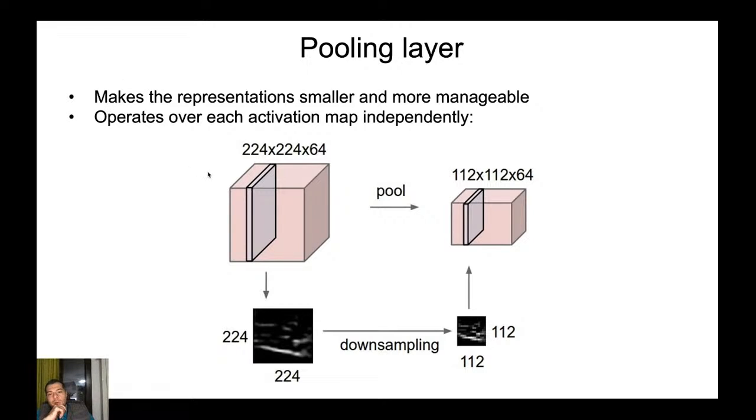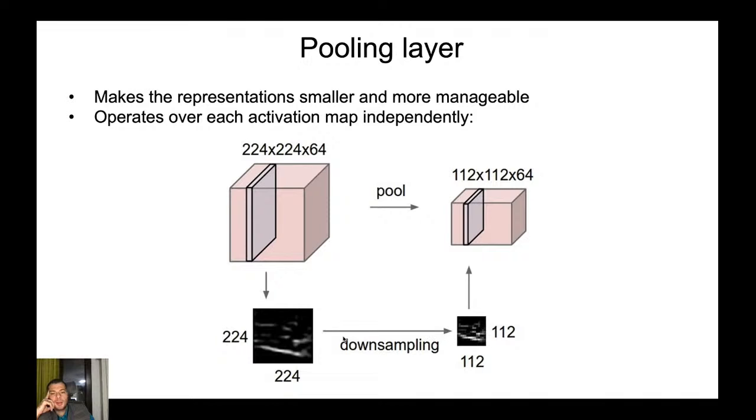As you can notice here, this is the input for a pooling layer, and this is the corresponding output. We just decrease the spatial dimension and keep the same depth as the input. And this is what happens. This is the activation map here, depicted as a 2D map.